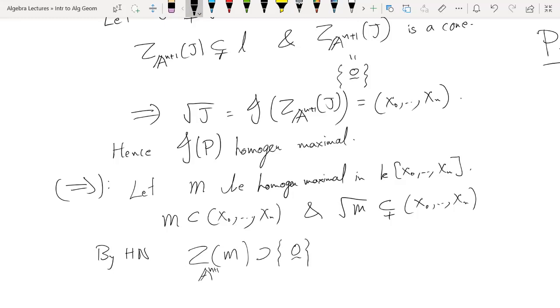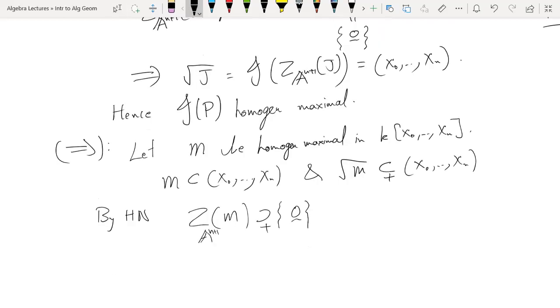If it was equal to the origin, then by Hilbert Nullstellensatz, the radical of M would be (x0, ..., xn). So that's why Hilbert Nullstellensatz is used here. So it strictly contains this.